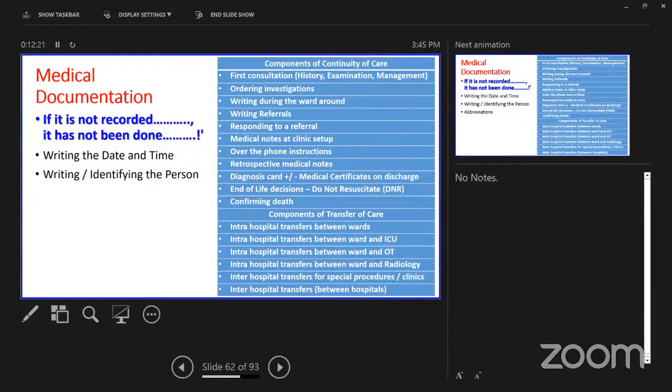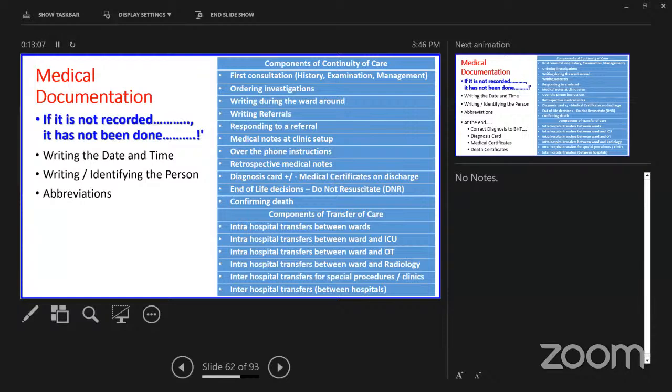So if you do something and document it, make sure you have some identification to identify you as a person. Then abbreviations, very important. Don't use non-standard abbreviations. Recently I was involved in an inquiry where it was written "chest X-ray FF, chest X-ray FF." Our investigation team thought this person had put a chest X-ray and identified free fluid. Later during the investigation, we asked, even after you identified free fluid in the chest X-ray, why didn't you inform your consultant?